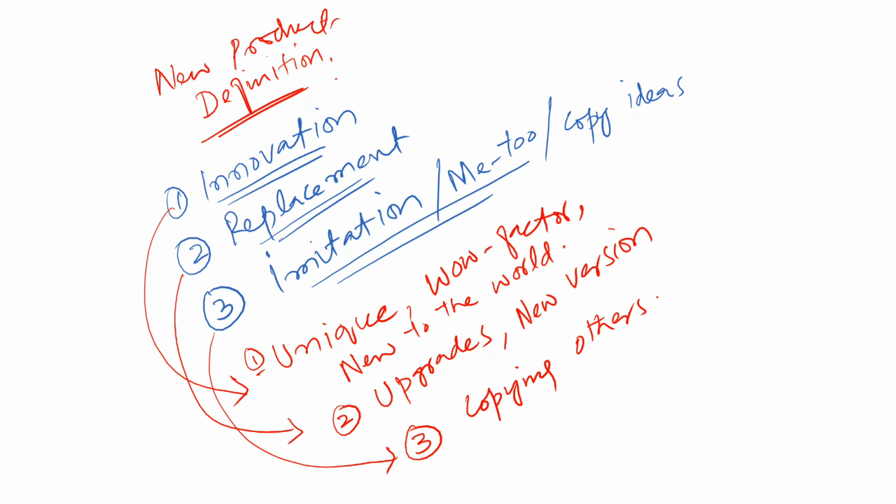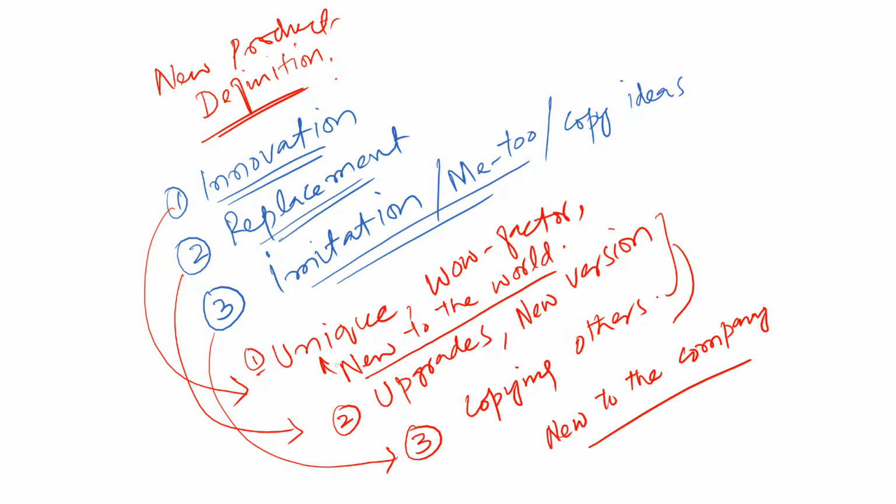When you copy others, because the product is something that you have not produced before, in some books these two are also called new to the company. These are the products that are new to the company. These are the products that are new to the world. So that is very interesting, that because it is new for the company, it is also considered a new product, even though it may not be new to the world.